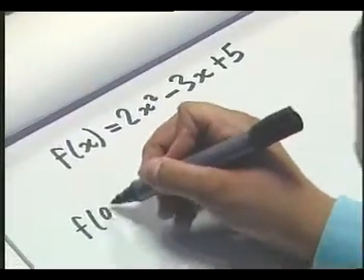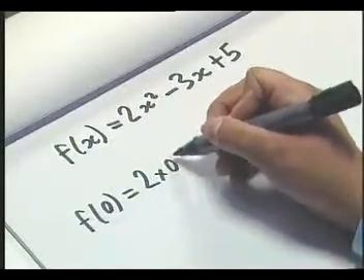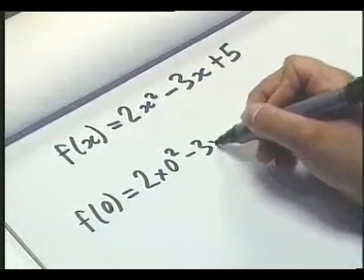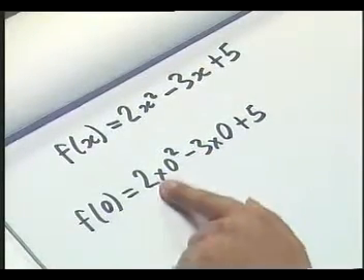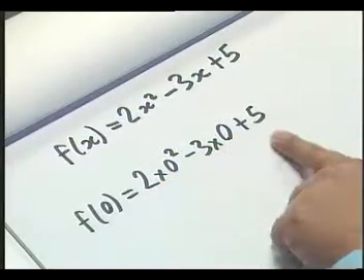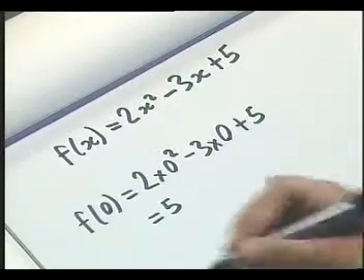So an argument of 0 would give us f of 0, which is 2 times 0 squared minus 3 times 0 plus 5, which is just 0, take away 0, plus 5. So we get an output of 5 there.